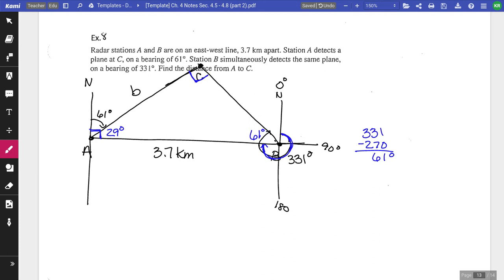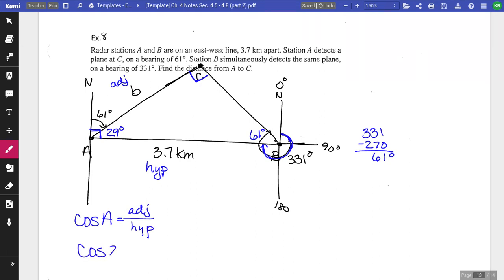Okay, but since we know it's a right triangle, we can do SOHCAHTOA. So I'm going to choose to go from angle A. So from angle A's perspective, your 3.7 is going to be your hypotenuse, and side B is going to be, excuse me, the adjacent side. Okay, so adjacent and hypotenuse would be cosine. So cosine of angle A is adjacent over hypotenuse.